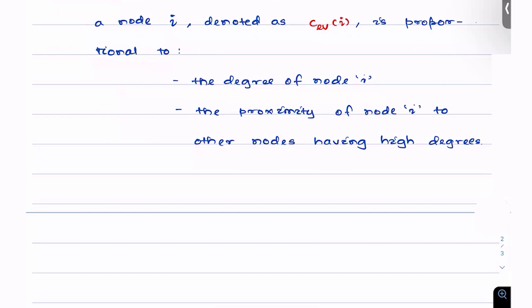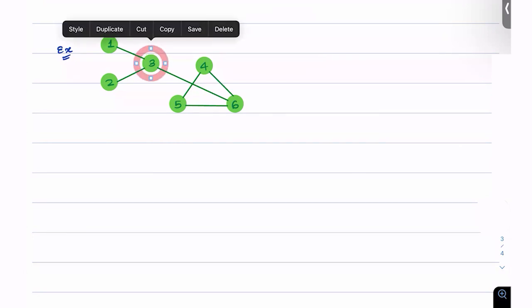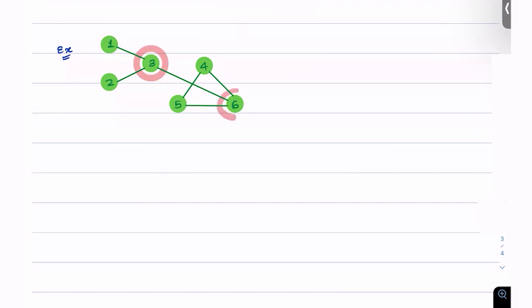For example, for the network shown in this figure, we can clearly see that both nodes 3 and 6 have really high degrees.